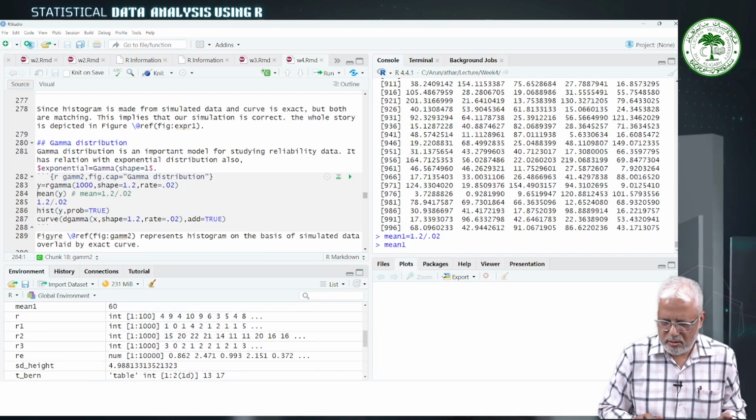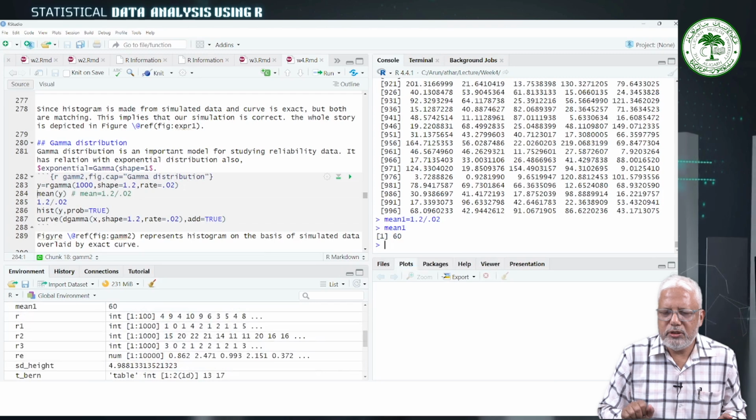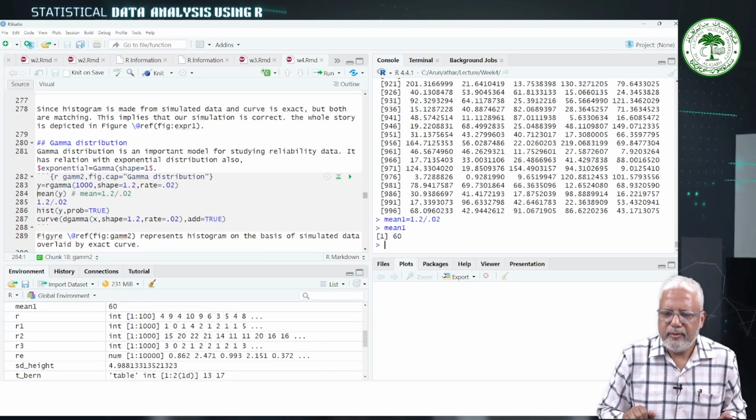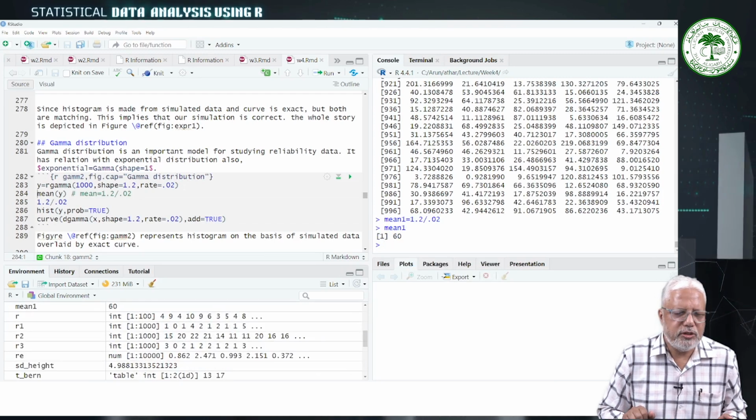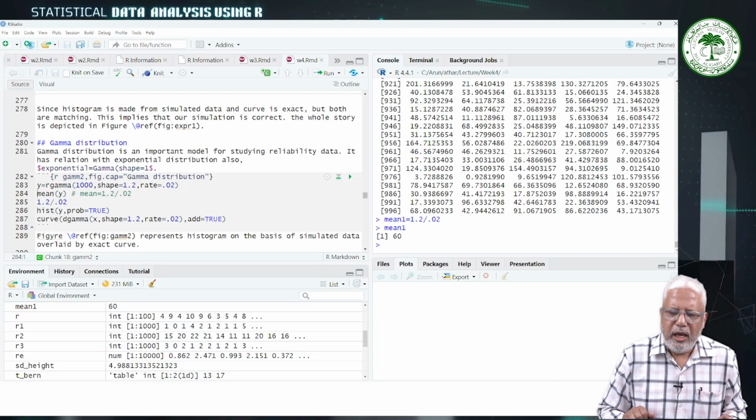So, this is 60. Mean of gamma distribution is 60, and this is the exact value.